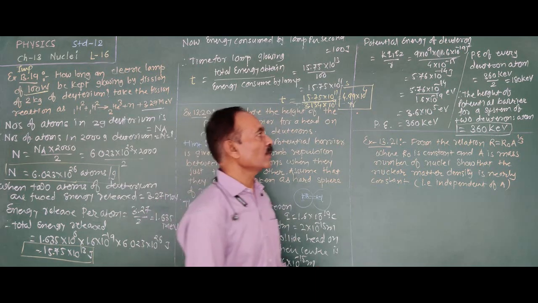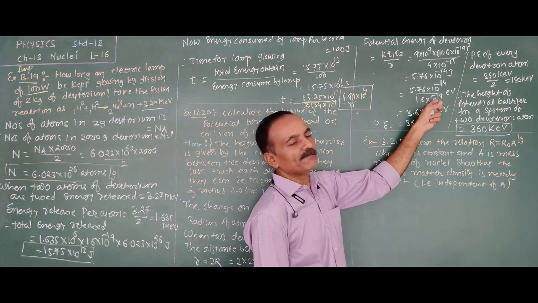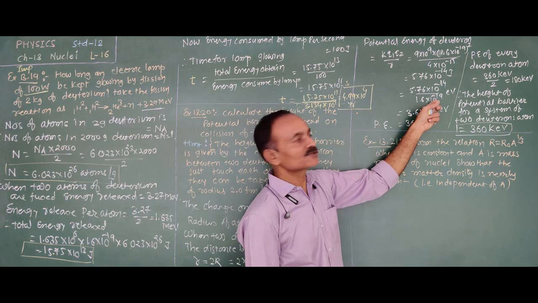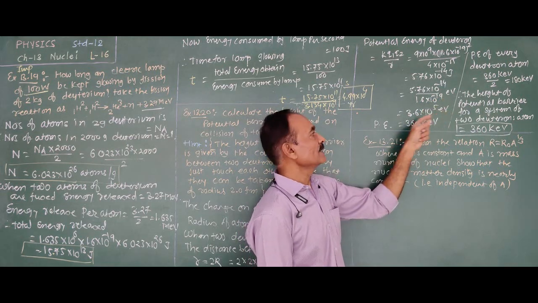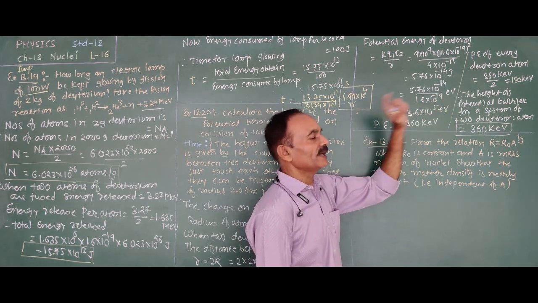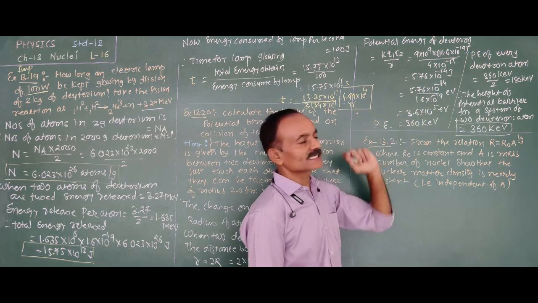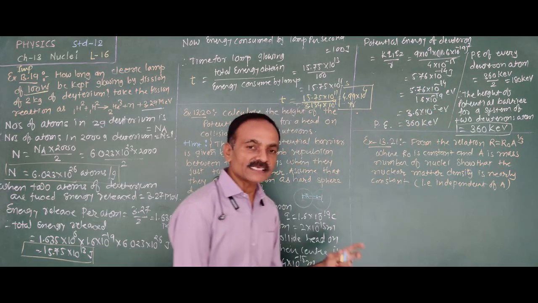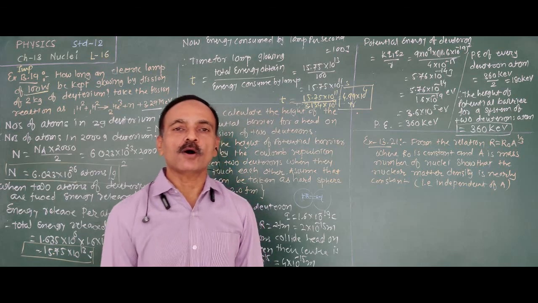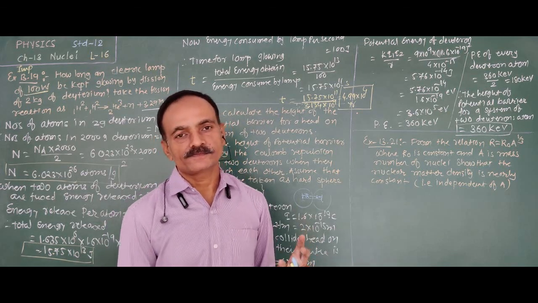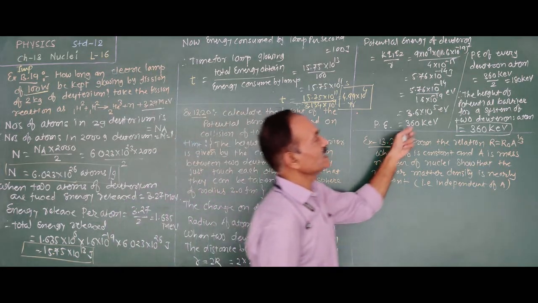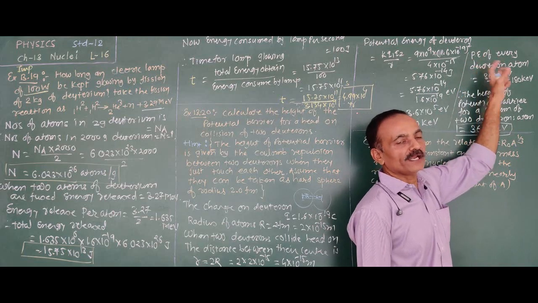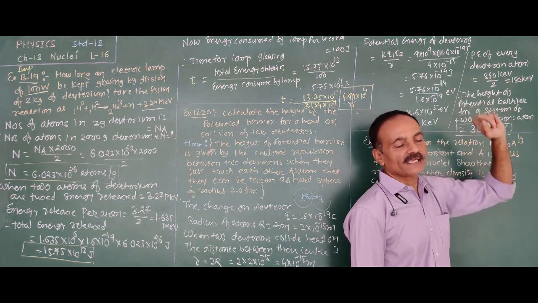Convert into electron volt. For that purpose, we divide it by 1.6 into 10 to the power minus 19. Therefore, 3.6 into 10 to the power 5 electron volt. That means 360 kilo electron volt. That is the potential energy of the system of two deuterium atoms. Therefore, the potential energy of every deuterium atom is 180 kilo electron volt.